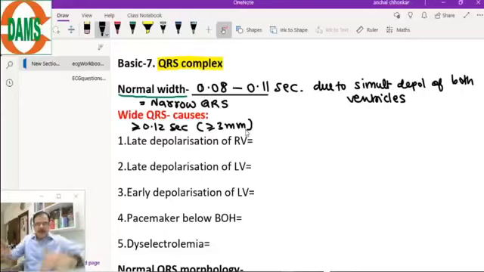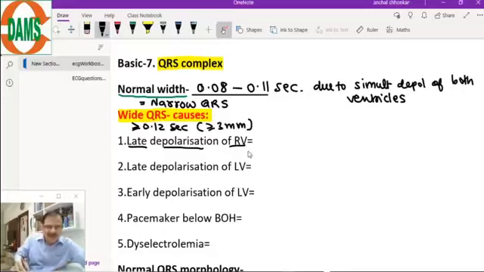Now, causes of wide QRS. The number one cause is late depolarization of the right ventricle. So obviously QRS will take more time to develop. Very easy answer, right bundle branch block.